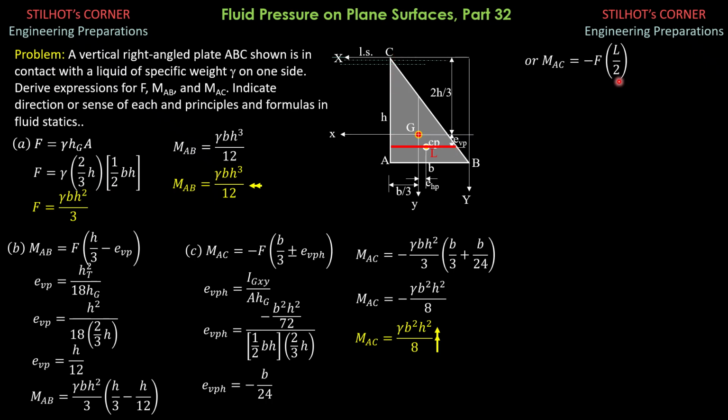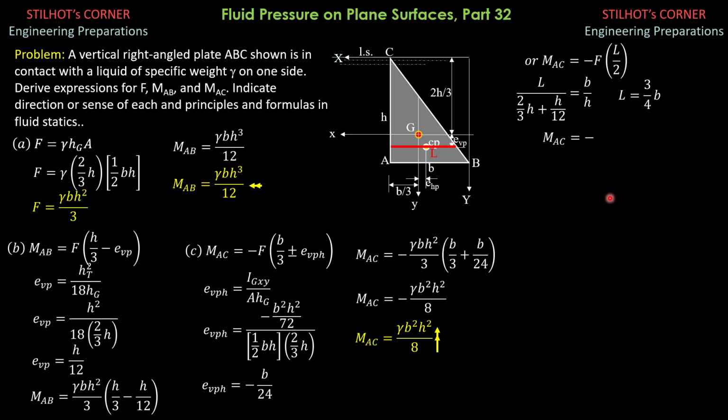So moment AC is negative F times L over 2, and L is to 2/3 of H plus EVP, which is H over 12, equals B is to H. So solving for L, L is equal to 3/4 of B.